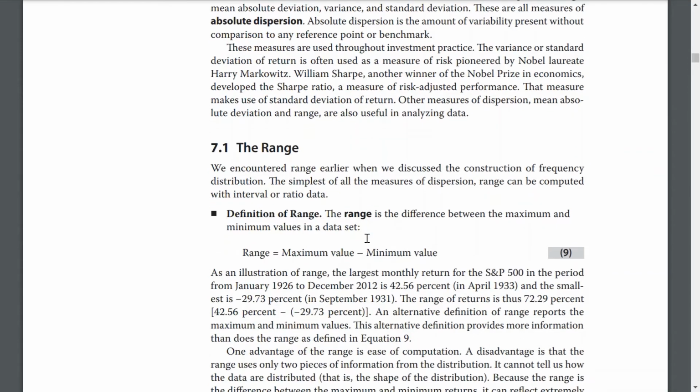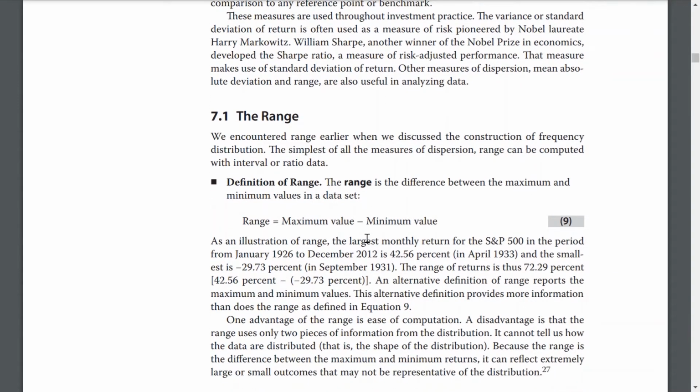The range. We encountered range earlier when we discussed the construction of frequency distributions. The simplest of all measures of dispersion, range can be computed with interval or ratio data. Definition of range: the range is the difference between the maximum and minimum value of a data set. Range equals maximum value minus minimum value.